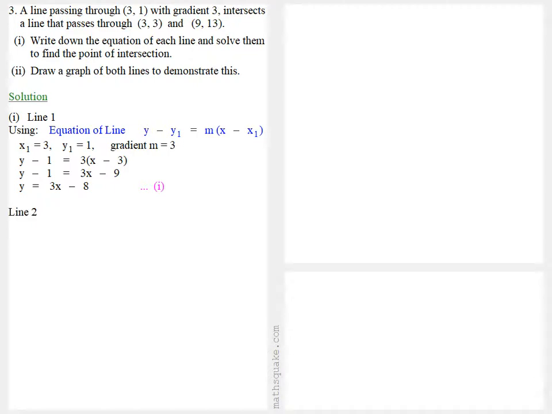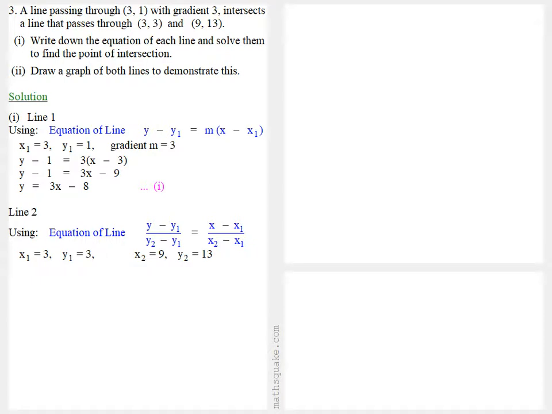For line 2, we have 2 points that it goes through, so we're going to use the formula y minus y1 over y2 minus y1 equals x minus x1 over x2 minus x1. Now, the first point is 3, 3, so x1 is 3, y1 is 3. The second point is 9, 13, so x2 is 9 and y2 is 13.